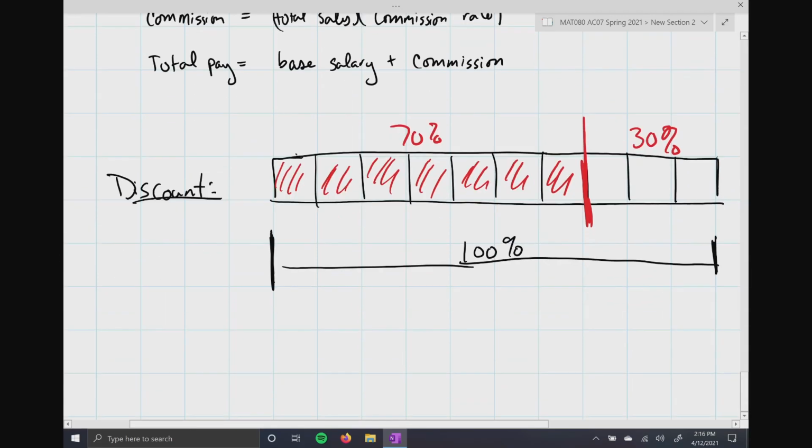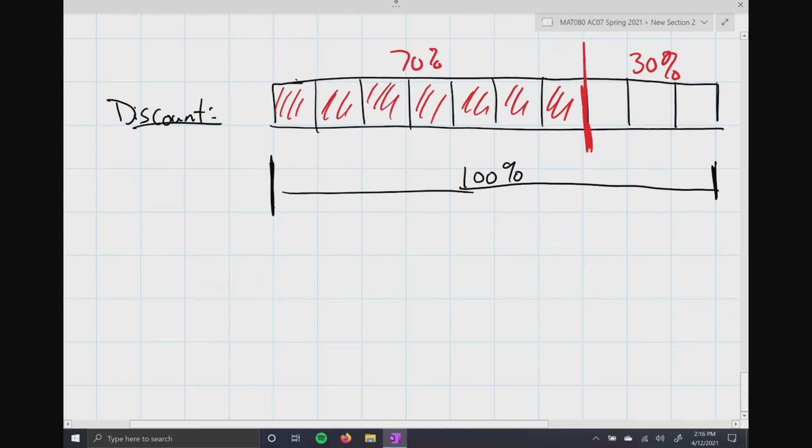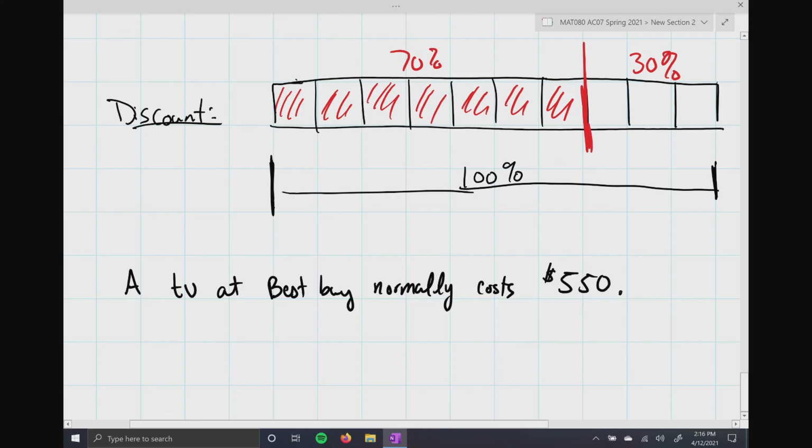So there's a couple ways that you can figure this out. Let's look at a really easy example here. A TV at Best Buy normally costs $550. On Sunday, this TV will be, and I'm going to keep with the example, 30% off.